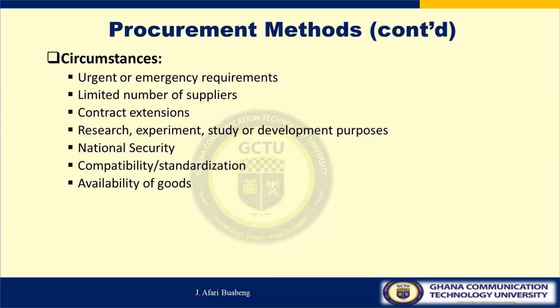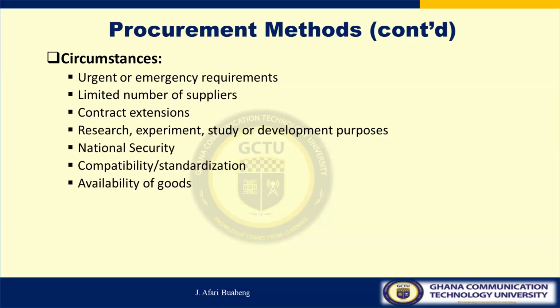And then availability of goods. Are the goods readily available or are they scarcely available? And that will also affect, what do you call it, the choice of a procurement method.